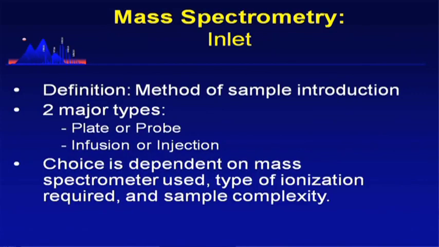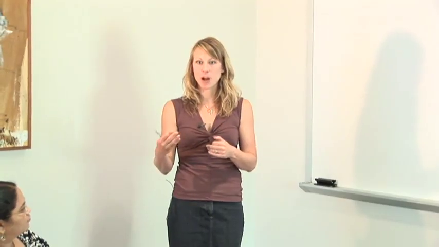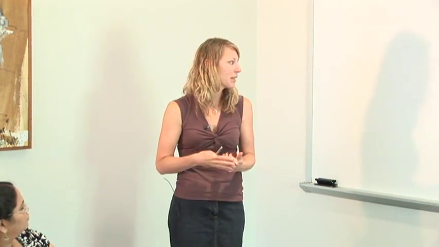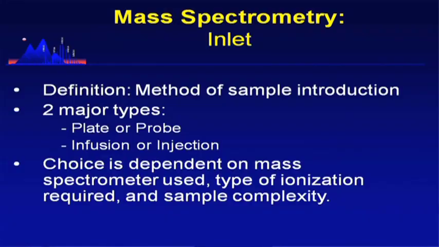And then which one you use is dependent on what's available to you and the type of mass spectrometer that's downstream. By mass spectrometer, we usually mean the mass analyzer. So when I say type of mass spectrometer, I'm talking about the type of mass analyzer downstream. And also the sample complexity will have a great influence on which type of inlet you use. And I'll talk about that in a minute.